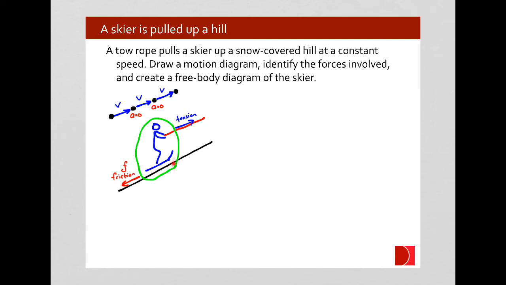If you are on a surface as well, then there's going to be a normal force there that pushes up out of the surface, and then the rest of the skier is air. In this case, we're going to ignore air resistance because, again, skiers move pretty fast, but not hugely fast.